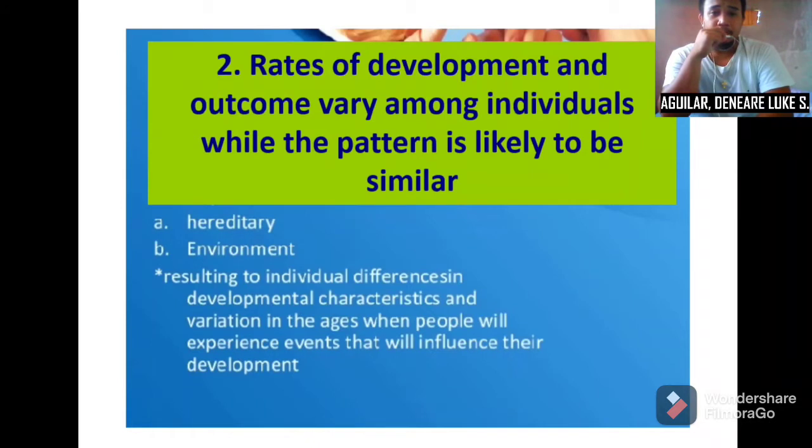Number 2. Rates of development and outcome vary among individuals while the pattern is likely to be similar. Letter A, hereditary. B, environment. Resulting in individual differences, developmental characteristics and variation in the ages when people will experience events that will influence their development.